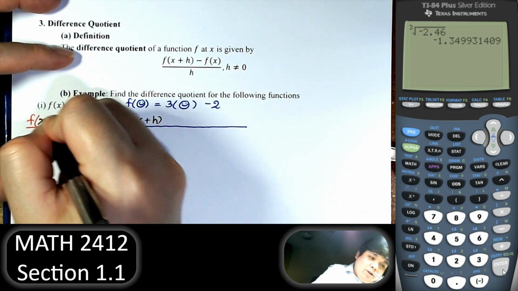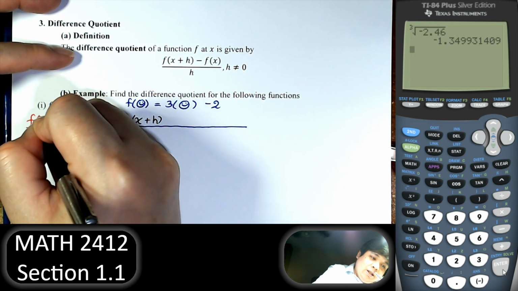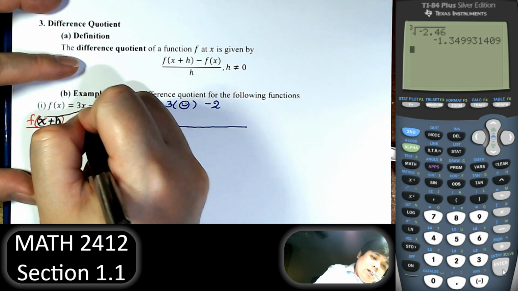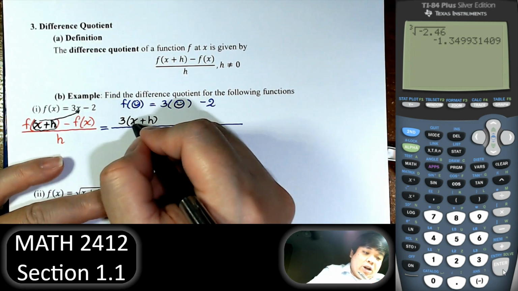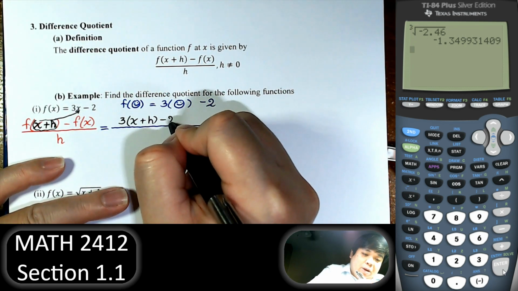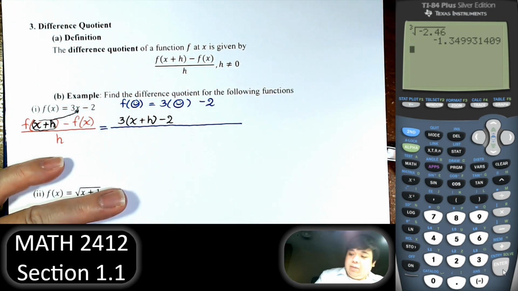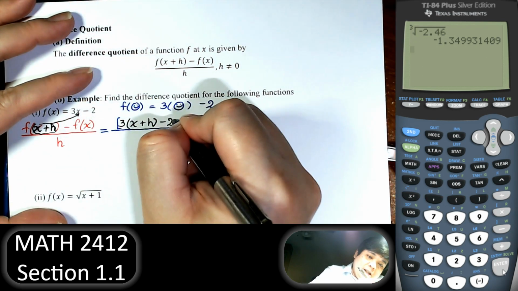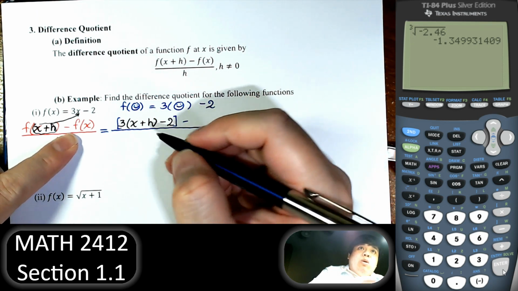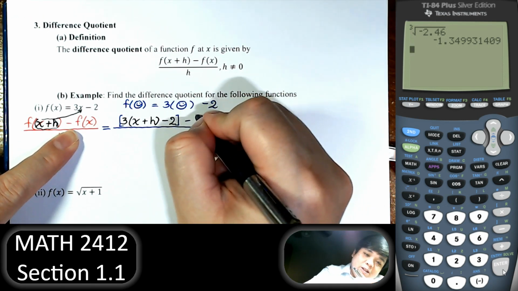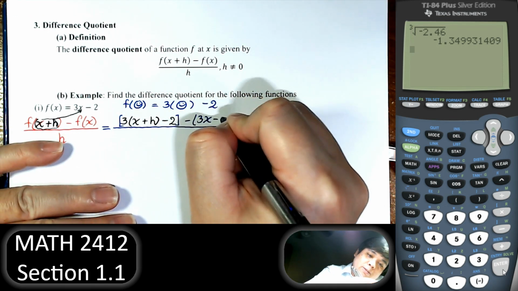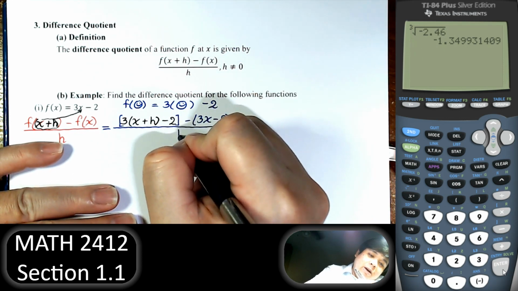We replace x plus h into every x of the equation, and then we still have minus 2. Then we have that minus f of x, which is just the original function, divided by h.